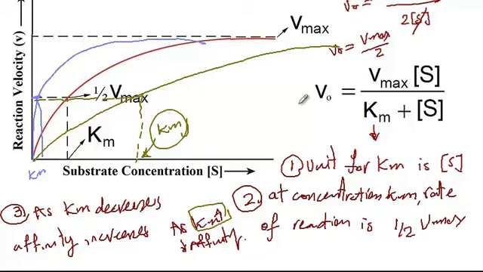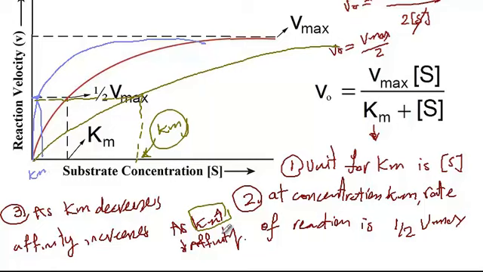So three important concepts came out of this Michaelis-Menten equation. Number 1, the unit for Km is substrate concentration. Number 2, at concentration of Km, velocity of the reaction is half of the Vmax. And number 3, Km indicates the affinity of the enzyme for the substrate. When Km is low, there is high affinity, and when Km is high, there is low affinity of the enzyme for the substrate.